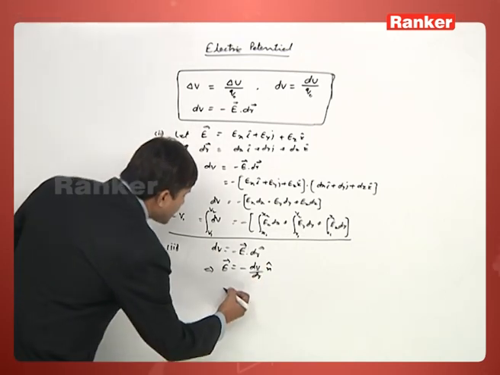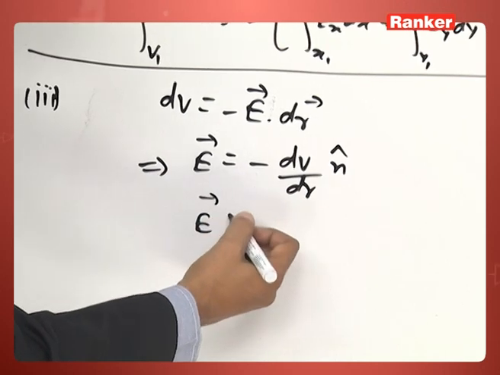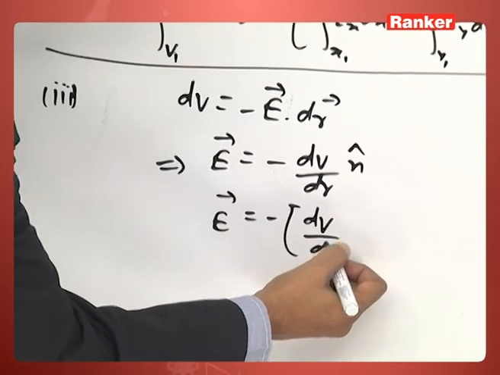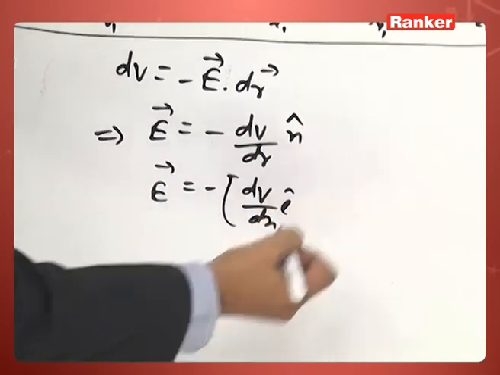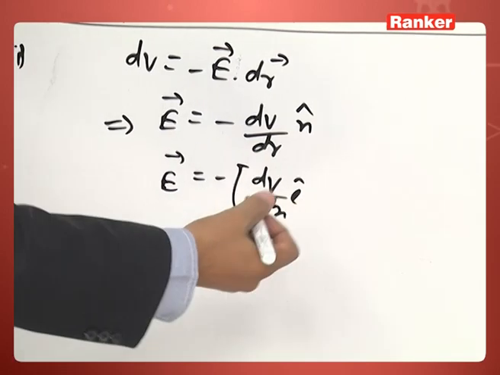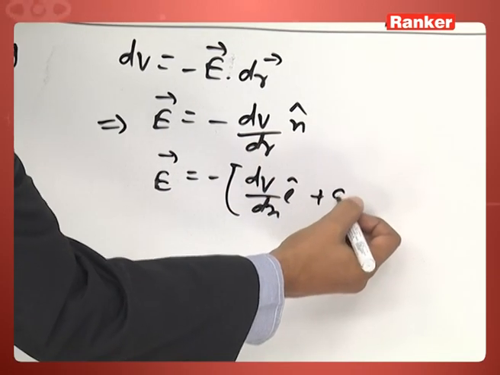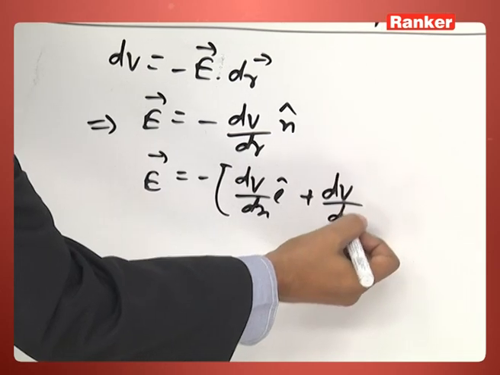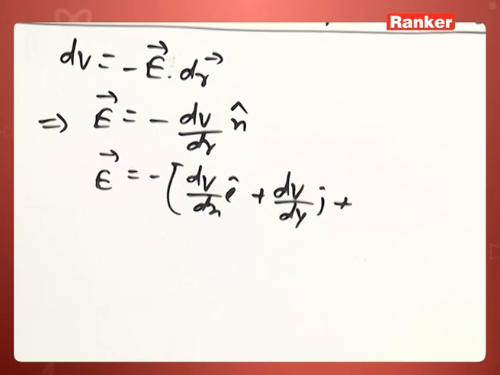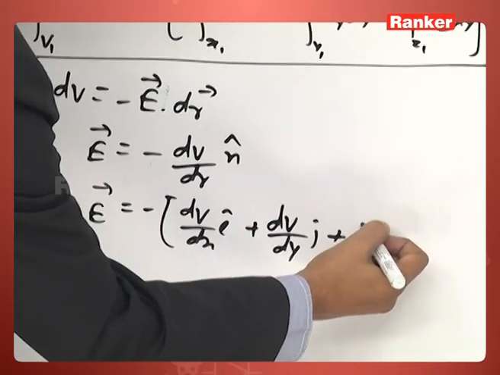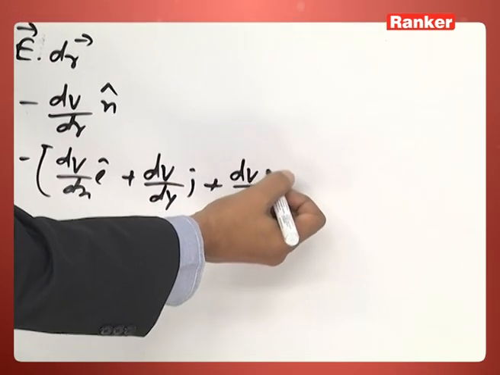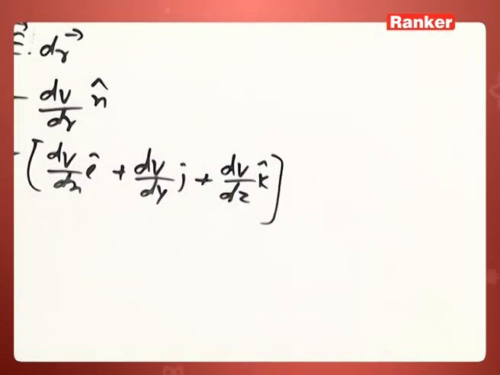So this further can be written as minus of dV by dx i cap. A change in potential along x direction gives you the x component. Then rate of change of potential along y direction gives you j component, and then dV by dz gives us k component of the field.